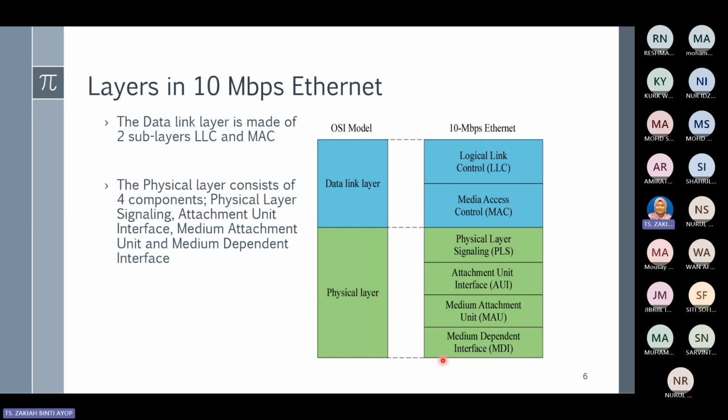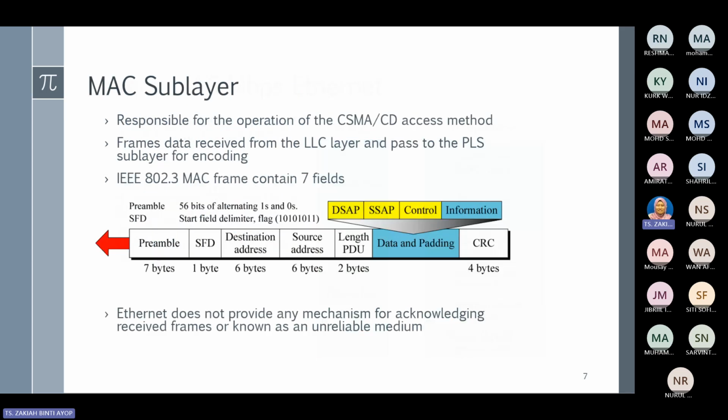The physical layer consists of four parts: physical layer signaling or PLS, attachment unit interface or AUI, medium attachment unit or MAU, and medium dependent interface or MDI. The 10 megabit per second Ethernet protocol follows the OSI model like this. The MAC sublayer is responsible for the operation of the CSMA/CD access method. Frame data received from the LLC layer is passed to the PLS sublayer for encoding. The PLS is on layer 1.